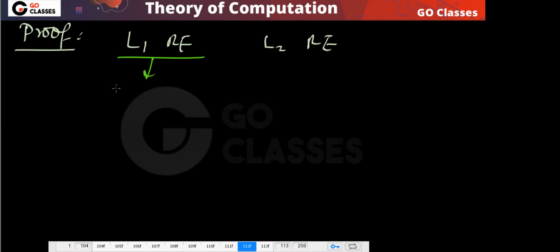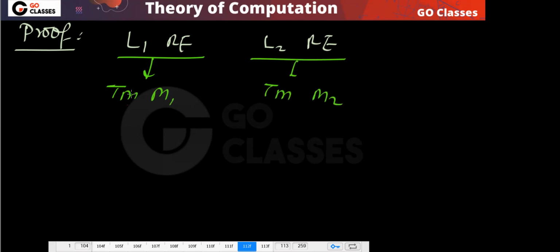The proof is like this. L is RE, L1 is RE, L2 is RE. What does it mean? It means there is a Turing machine M1 and there is a Turing machine M2.